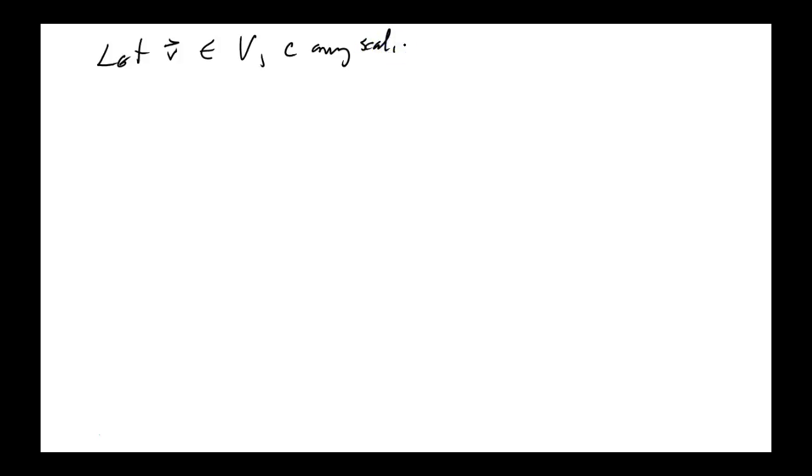Then these things are true. Seems like we've seen them all before. The number 0 times the vector V that's in that vector space is going to be the 0 vector. Might as well just be 0. It might as well be the number 0 because they're about the same thing. And C times the 0 vector, guess what? It is going to be the 0 vector.